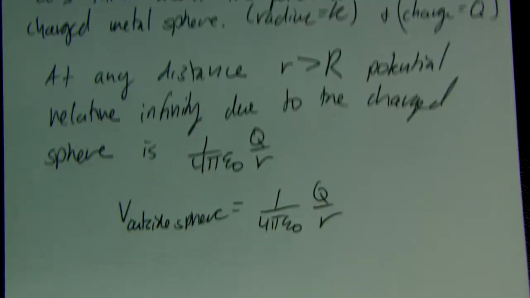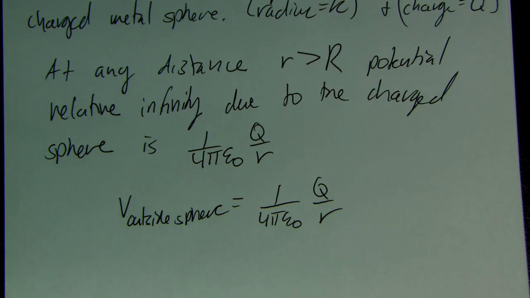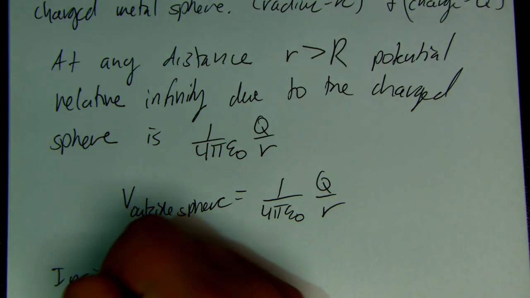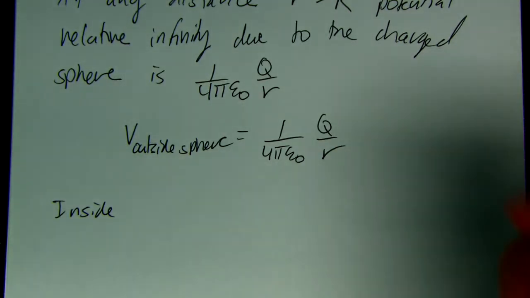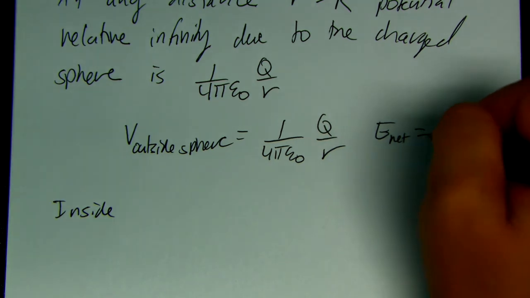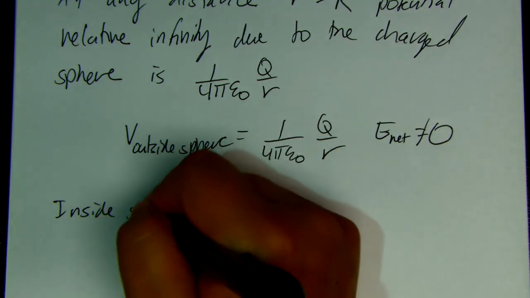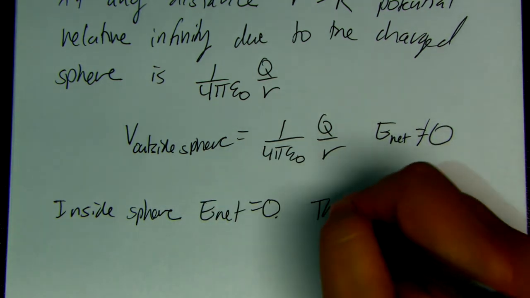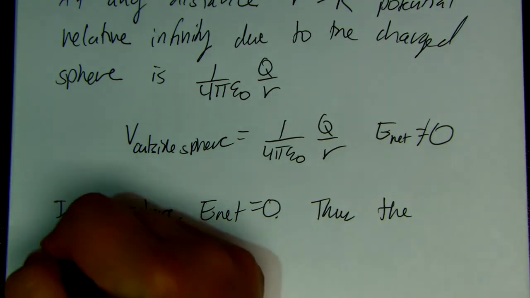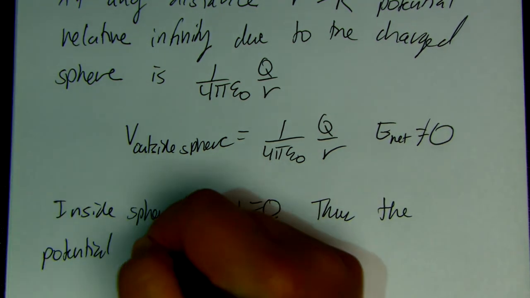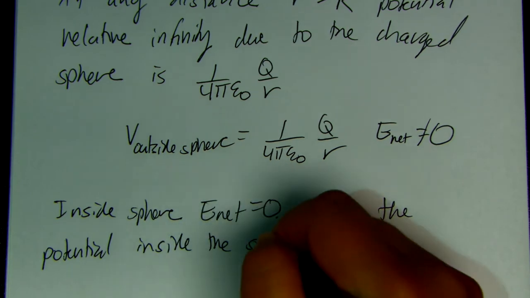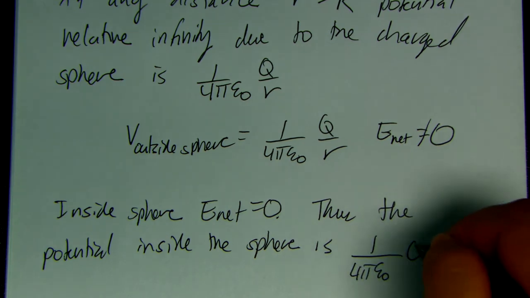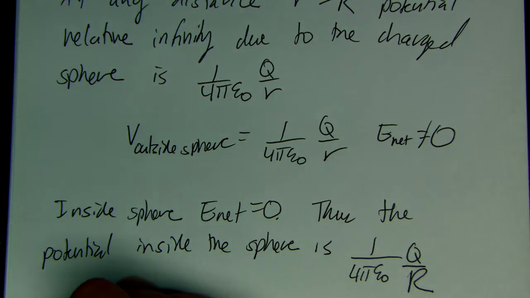We've already seen this before. That's not the interesting part. The interesting part is inside. Outside the sphere, there's an electric field, so E net is not 0. Inside the sphere, E net is equal to 0. Thus, the potential inside the sphere is 1 over 4 pi epsilon naught, Q over R everywhere.